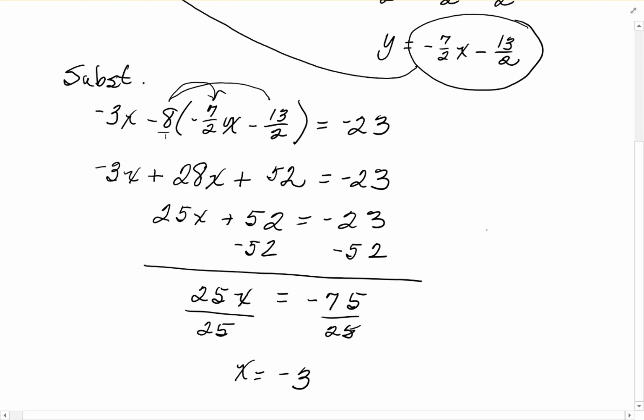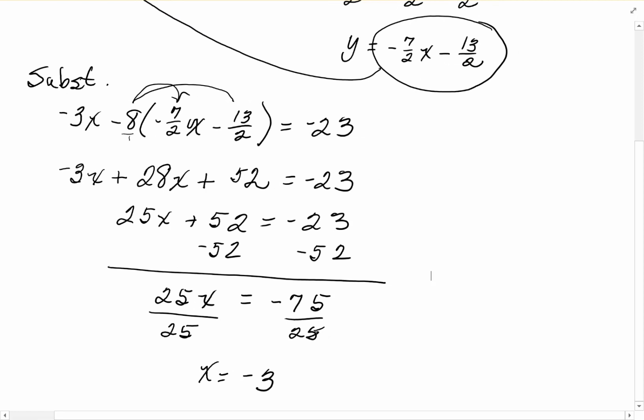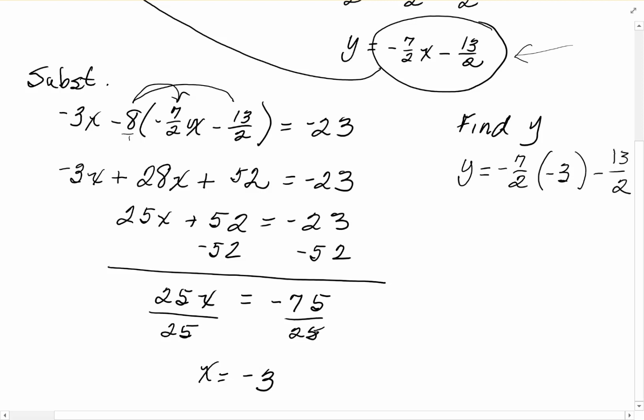So unless I've made some kind of oops, I'm not finished. That's x. So now we need to find y. I always use the equation that I've circled. So I have y is equal to negative 7 over 2 times negative 3 minus 13 over 2. Negative times negative is positive.